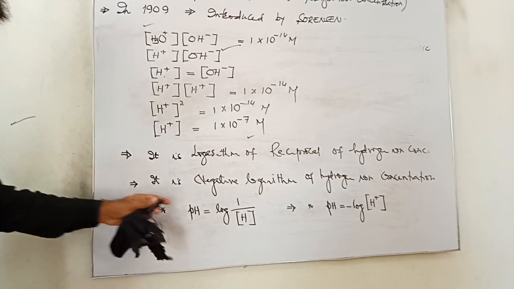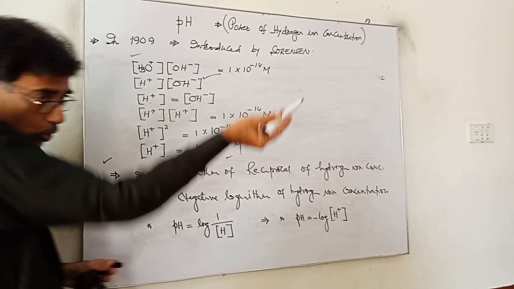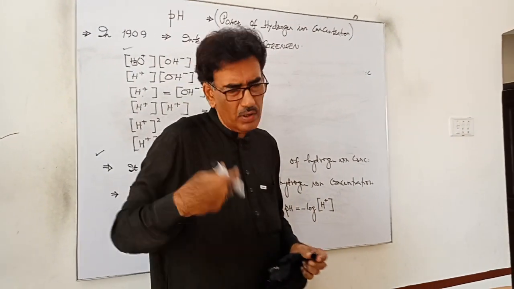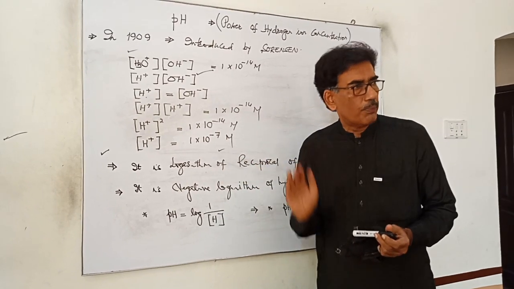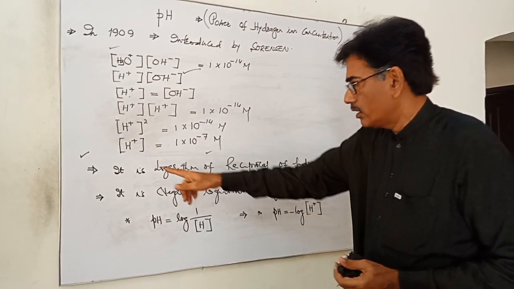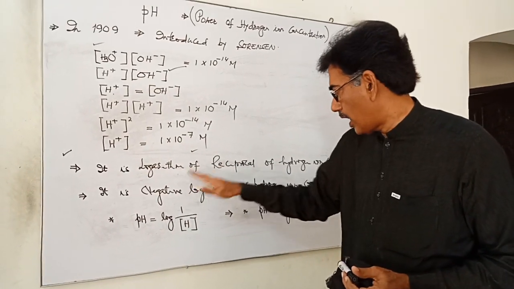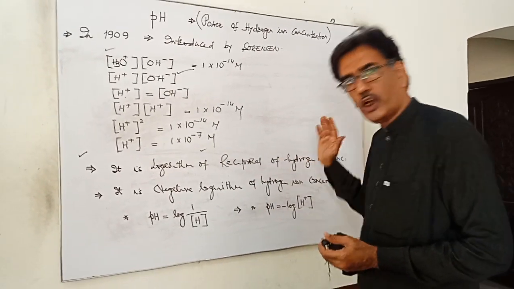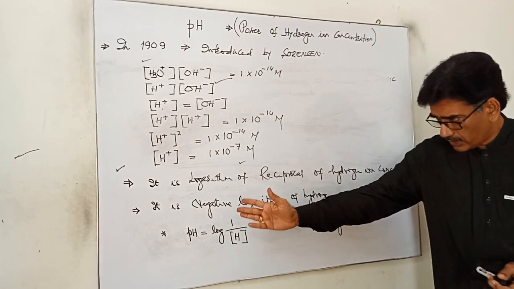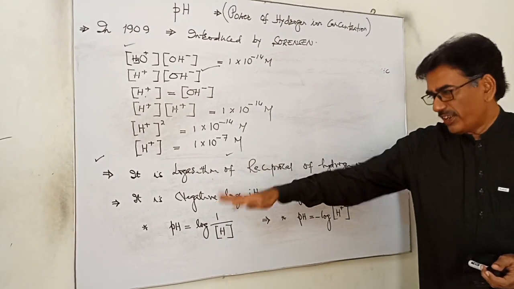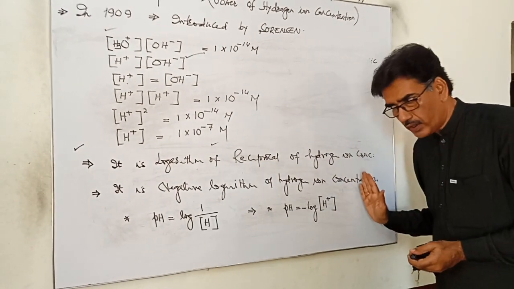It would be similar if we express it for pOH, because sometimes if you are asked how to define it, then again we say it is the logarithm of the reciprocal of hydroxide ion concentration, or in the second form, the negative logarithm of hydroxide ion concentration.